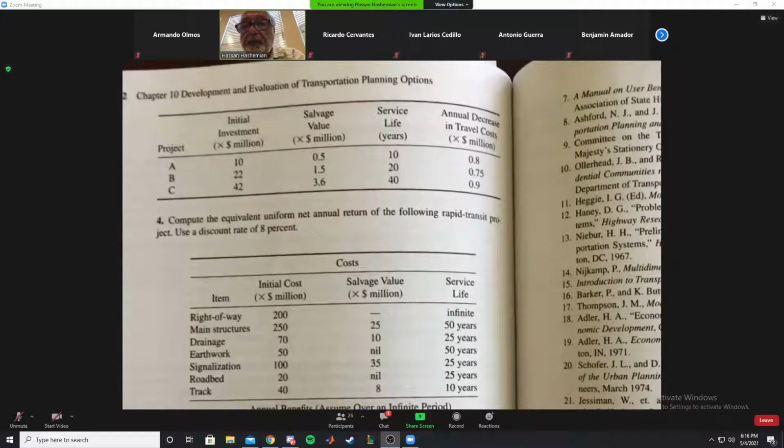So you have an initial cost of 10 million. Your salvage value is given, and it takes only 10 years. If I have to draw the diagram for this one, I have to use the white page. So let me just use the white page to do it.